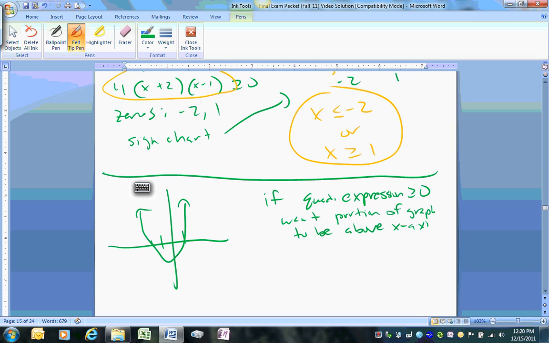And vice versa, if it's less than 0, you want it below. Because remember, the quadratic expression is what we're setting y equal to.